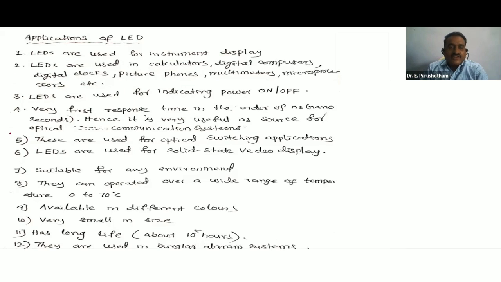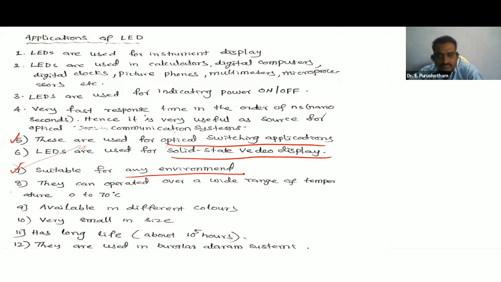Light emitting diodes are also used in optical switching applications or optical switching devices. These are also used in solid state video displays available in the market. Seventh one, the LEDs are suitable for any environment.